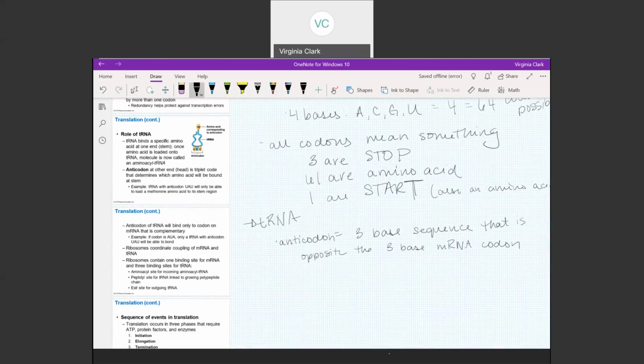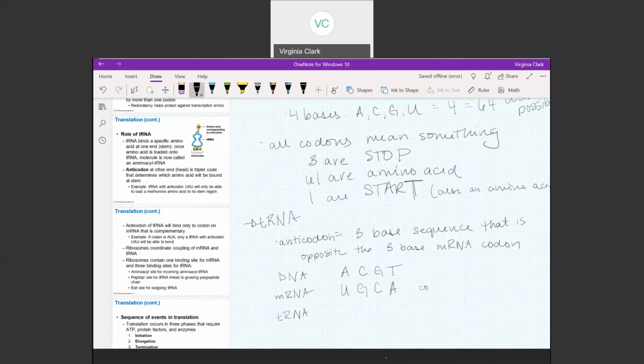So if I had my DNA as A, C, G, T, I had my mRNA where A goes to U, C goes to G, G goes to C, T goes to A. And then I'm going to have my tRNA.